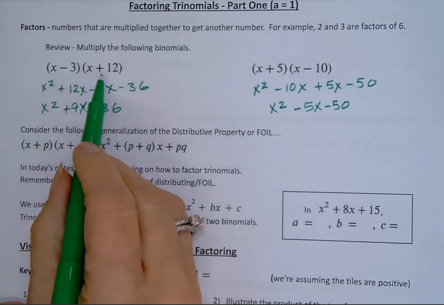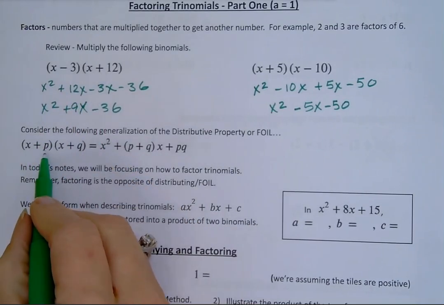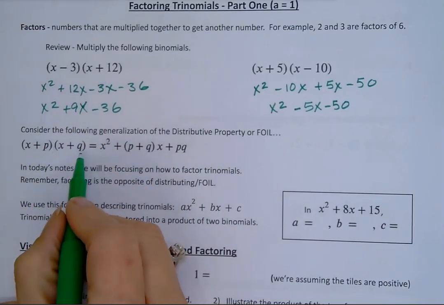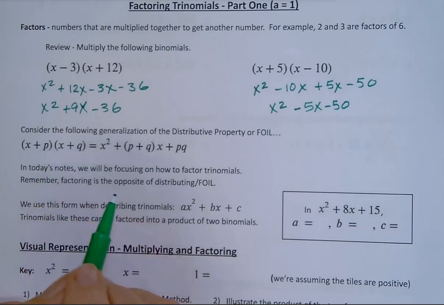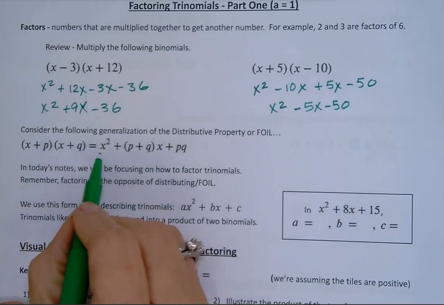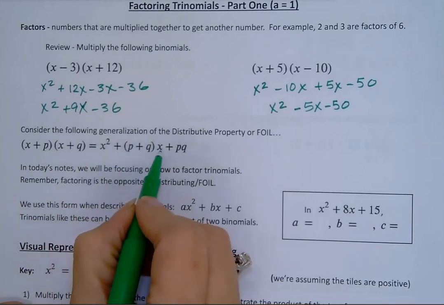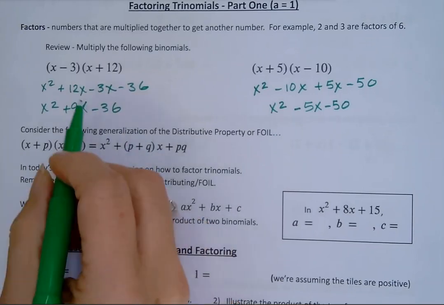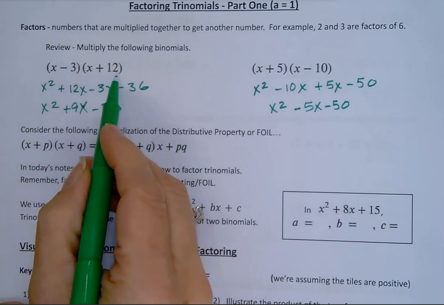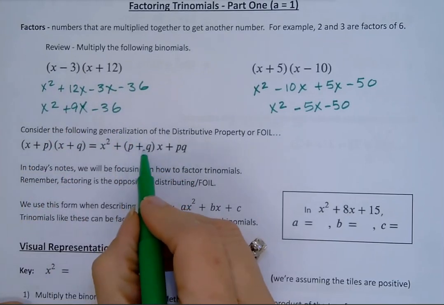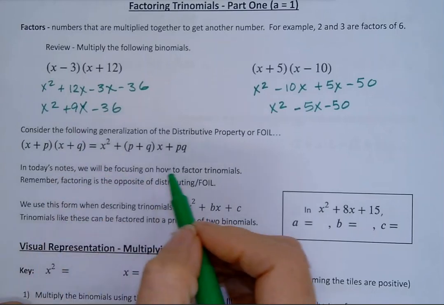But if you're multiplying two binomials, you're going to see that x plus p times x plus q, so pretend we have p and q instead of numbers, you're going to see that you have x squared plus your coefficient of x is going to be p plus q. So negative 3 plus 12 is really 9, right? So that's going to be my middle term, my 9x.